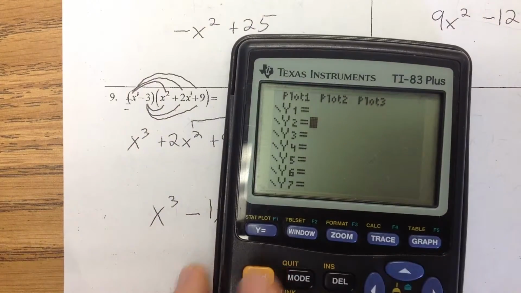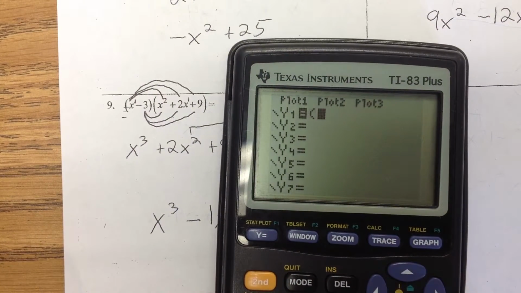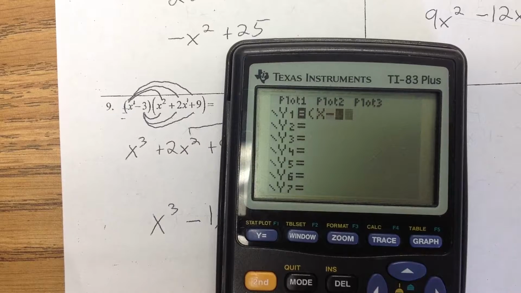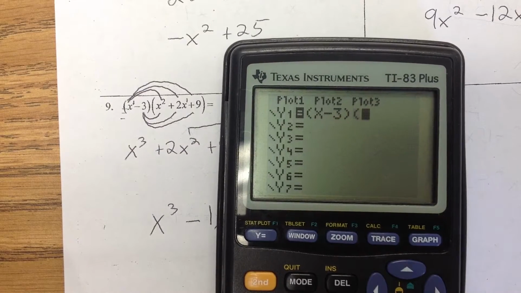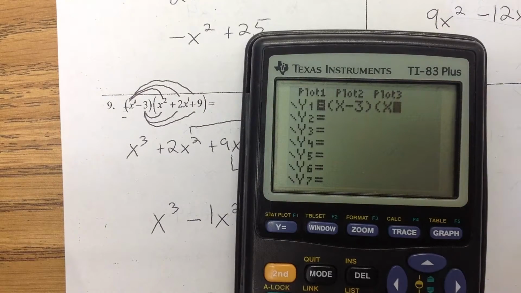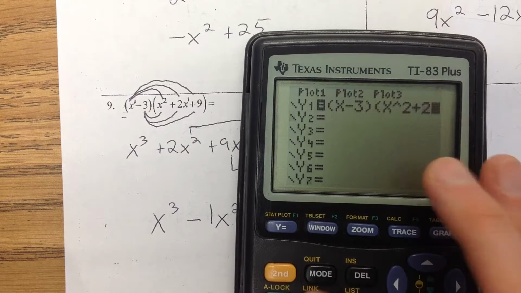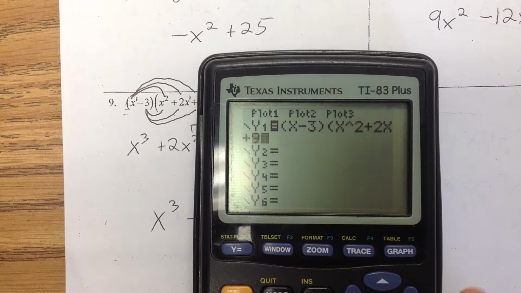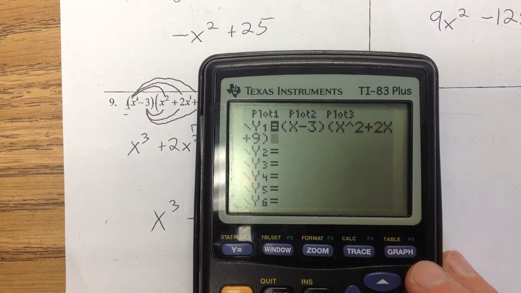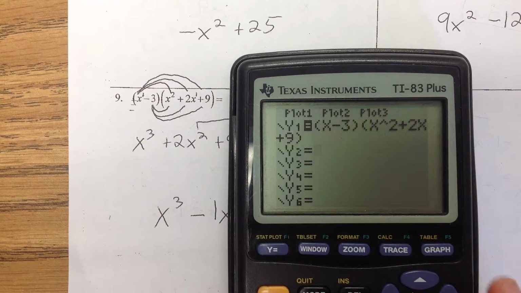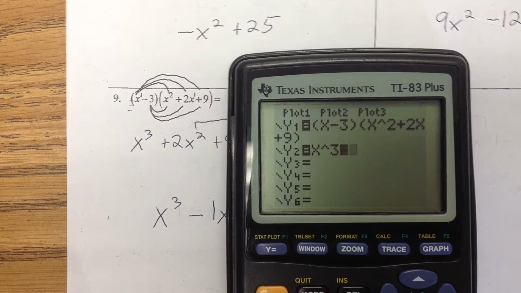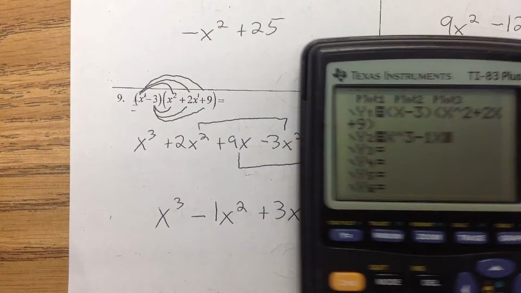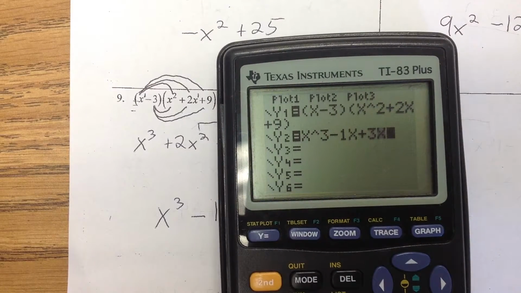It's going to take a little longer to type in, but still, parentheses x minus 3, and then parentheses x squared plus 2x plus 9, close the parentheses, and then down below our answer was x to the third minus 1x plus 3x minus 27.